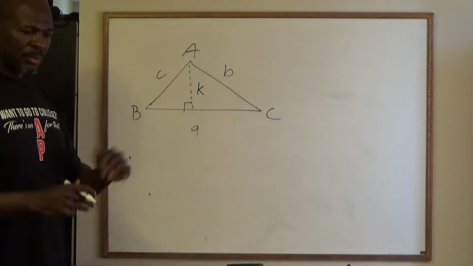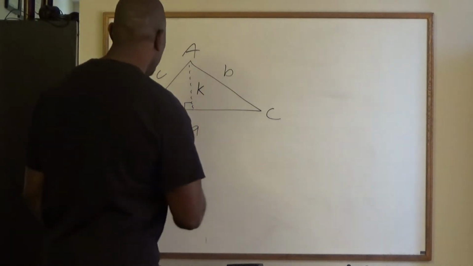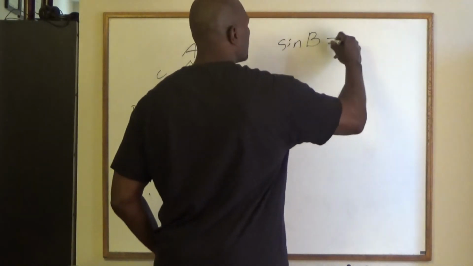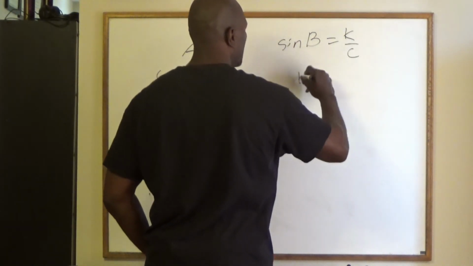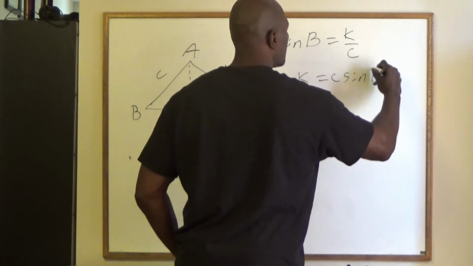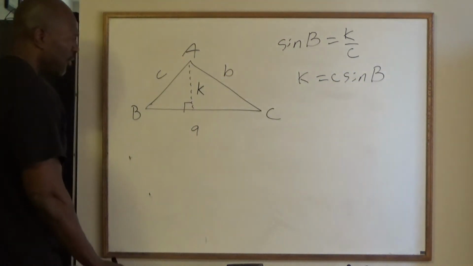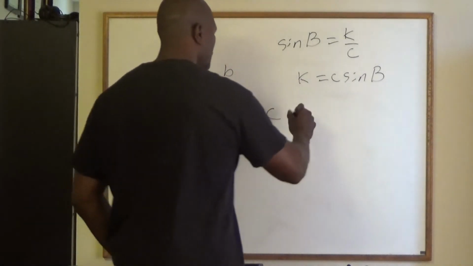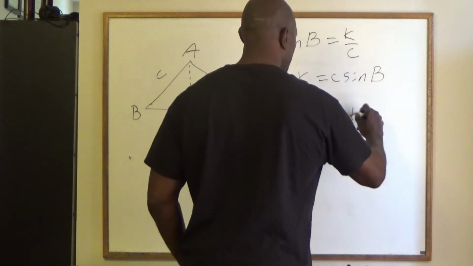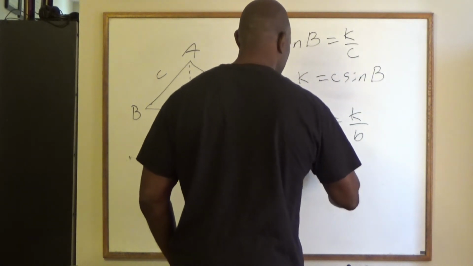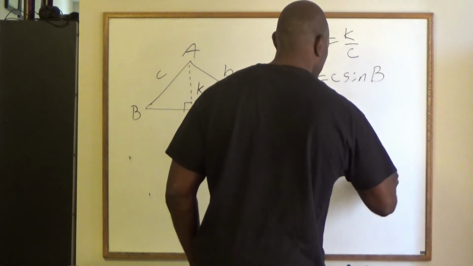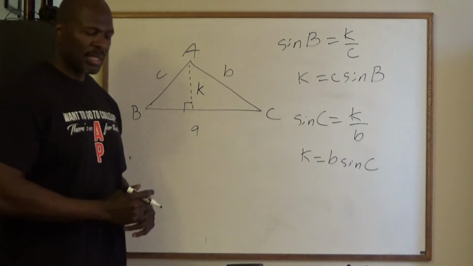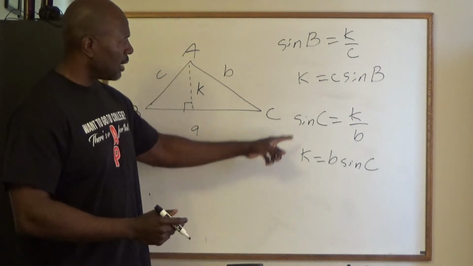And so we're going to do similar as we did before. I'll find the sine of angle B, and the sine of angle B would be k over c, which means k is c sine B. And I'll find the sine of angle C. The sine of angle C would be k over b, which means k is b times the sine of C. So k is c times the sine of B, and k is b times the sine of C. And if I don't know anything, I know that k should equal k.